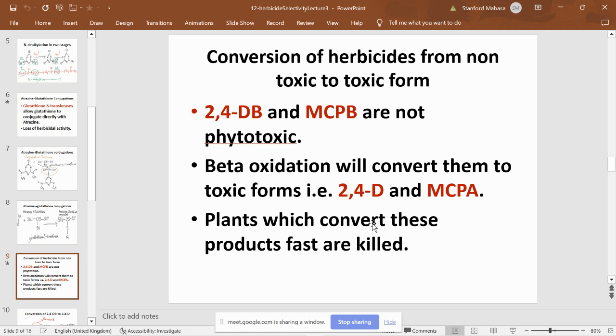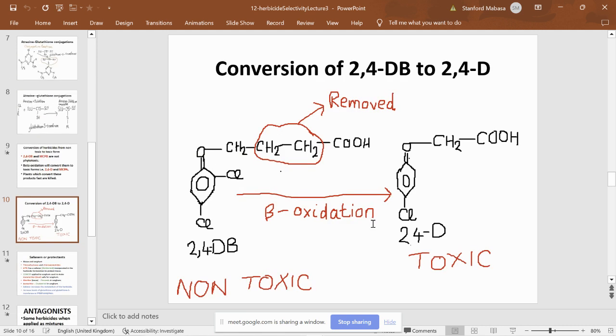So plants which are capable of converting these non-phytotoxic forms of these herbicides will eventually get killed. So selectivity is based on beta oxidation. Those which cannot oxidize these herbicides are not killed. This is the real 2,4-DB, which is beta oxidized to form an acid which is toxic.